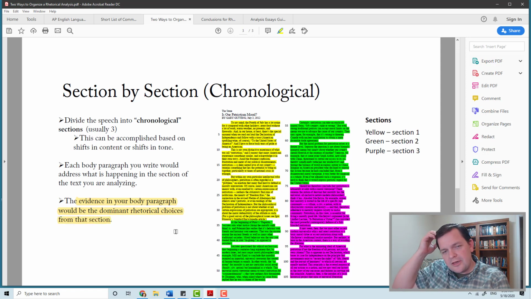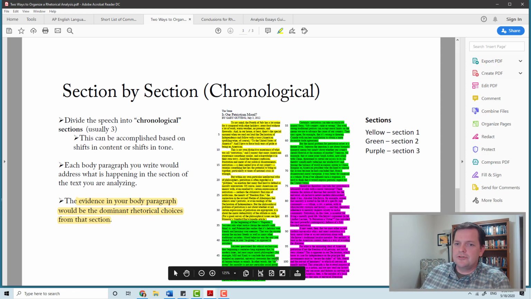Now, the primary challenge with this approach is that you are going to be tempted to do a lot more summary when you use this approach. And so you want to be extremely careful that you do not summarize when you're using a section by section or chronological approach.